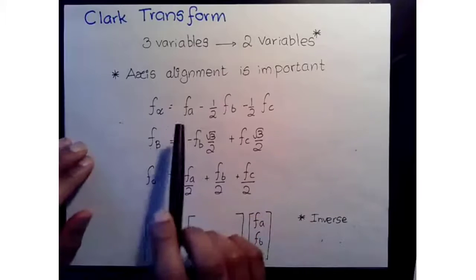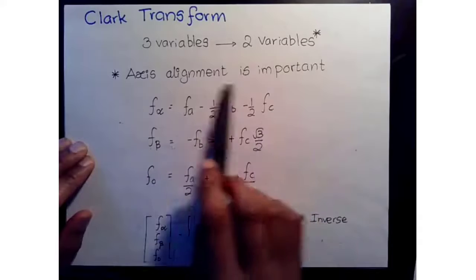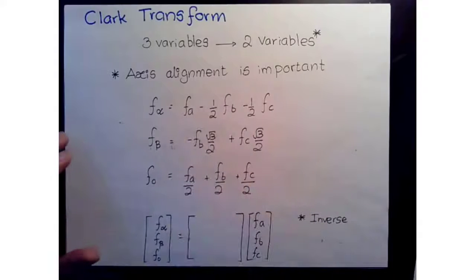From the ABC frame, which we call the stationary frame, meaning the observer is stationary, we are looking at the currents from a stationary frame. In that case, our speed is zero. We are not oscillating.